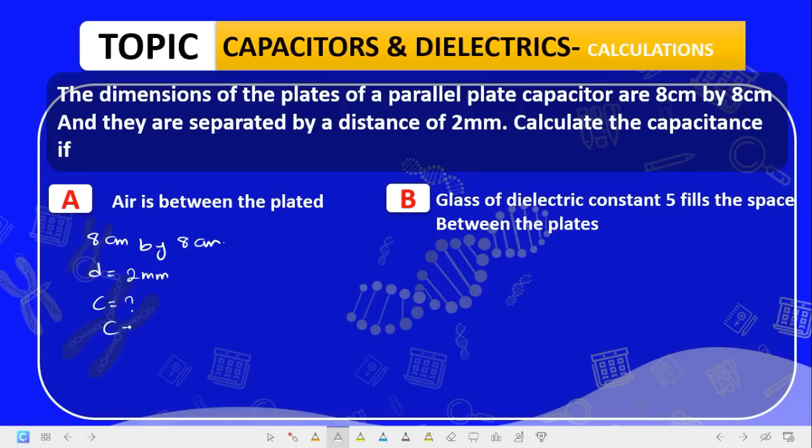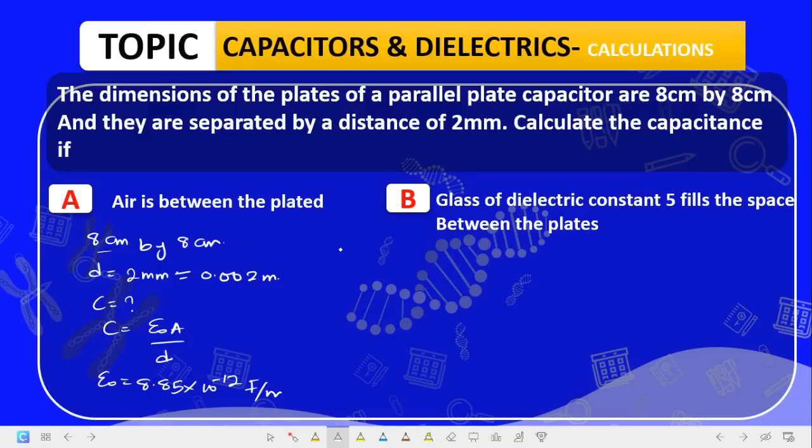Now, we know that C for a parallel plate capacitor is epsilon-naught A all over D. Epsilon-naught is a constant, and that constant is 8.85 times 10 raised to the power of minus 12 F per meter. The D, the distance of separation, is 2 millimeter, which is 0.002 meter. Your A is your area. Now, it was given to you as 8 cm by 8 cm. To calculate the area, what are you going to do? It's very easy. Convert your centimeter to meter for each of them.